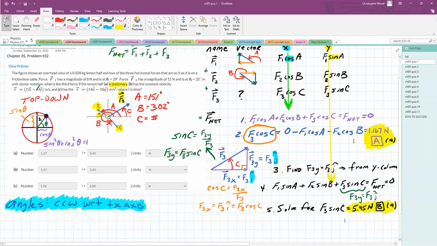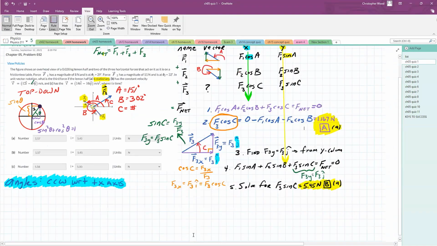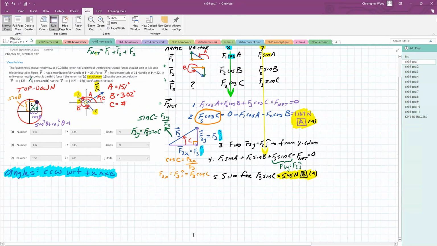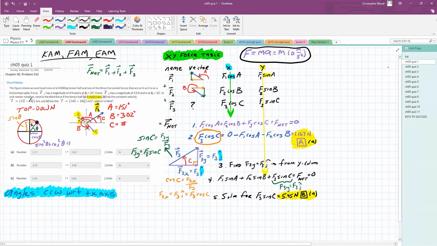Let's do part B. Part B will take us, I think, 30 seconds to answer. Number 6. Part B says, what happens if the velocity is constant? Here's how I'm going to write constant velocity: if delta V equals 0, that means constant velocity.